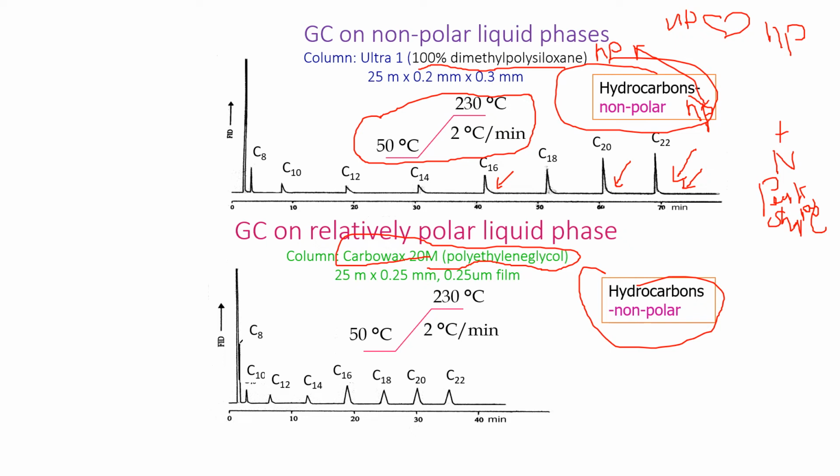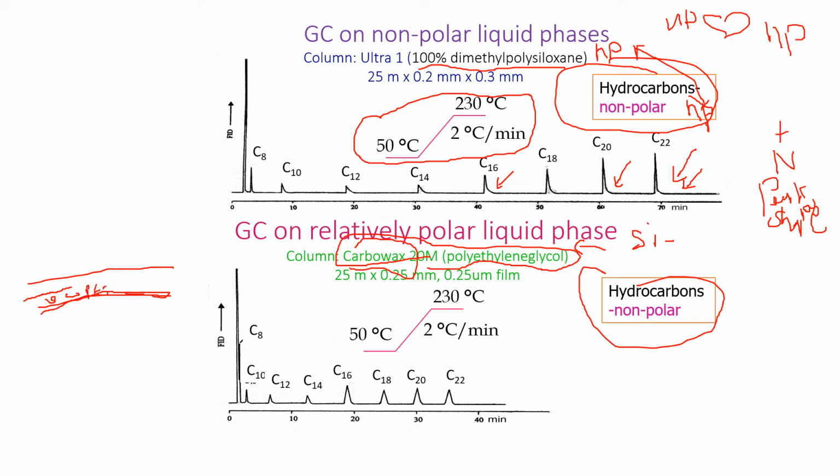So what should we do? We should choose something where the siloxane is slightly substituted with the wax. Whenever hydrocarbon goes inside the capillary, rather than seeing all this non-polar stationary phase, it will see the polar one as well, right?